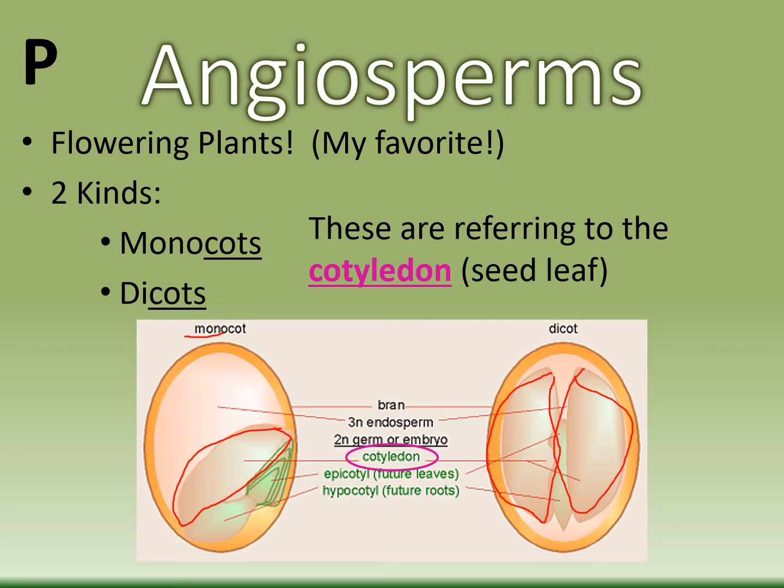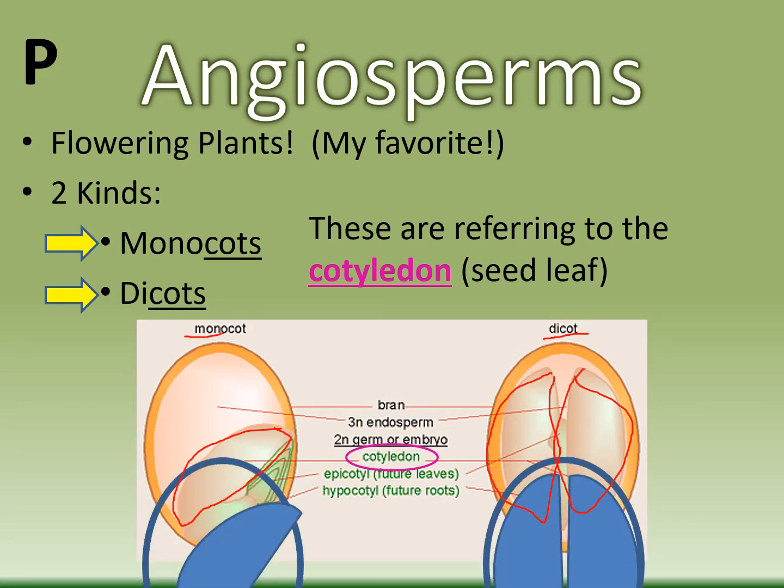And that's going to be a dicot. Like I said, monocots mean one, and dicots mean two.